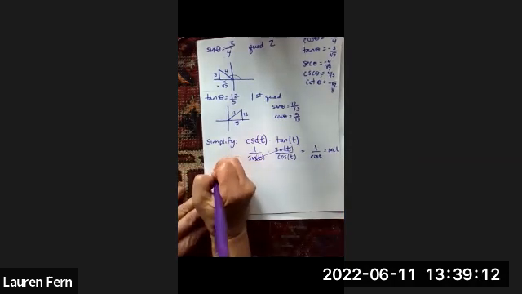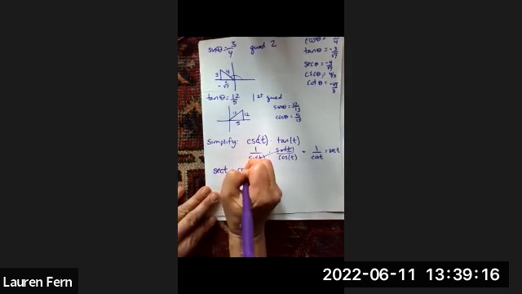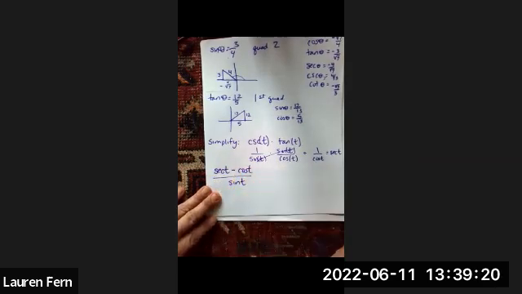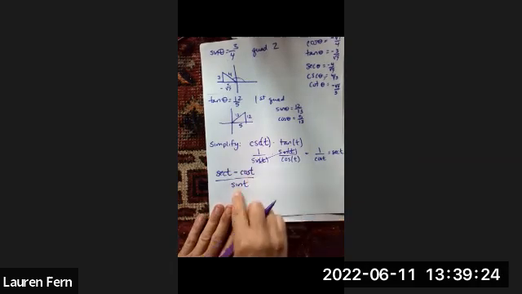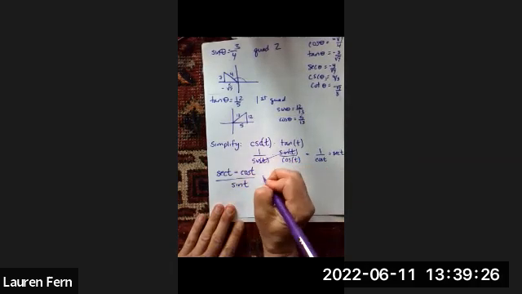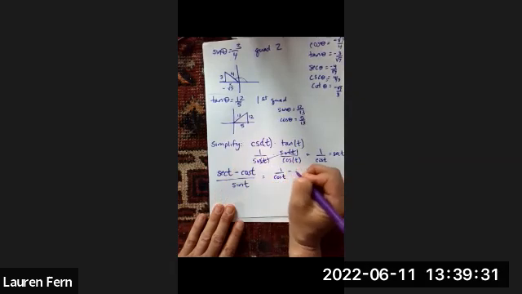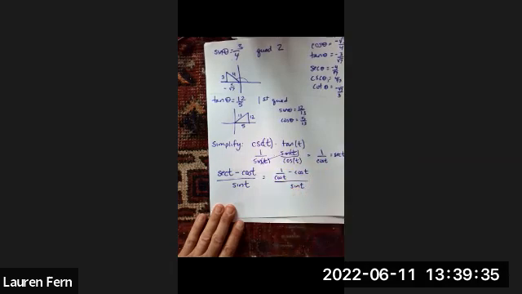What if I want us to simplify the secant of t minus the cosine of t over the sine of t? Well, this is already in terms of sine and cosine. So what I would do is I would say the secant is 1 over that. Well, what do we do now?